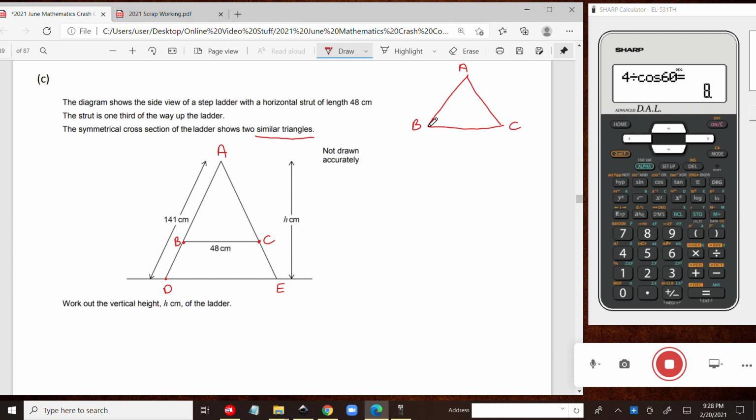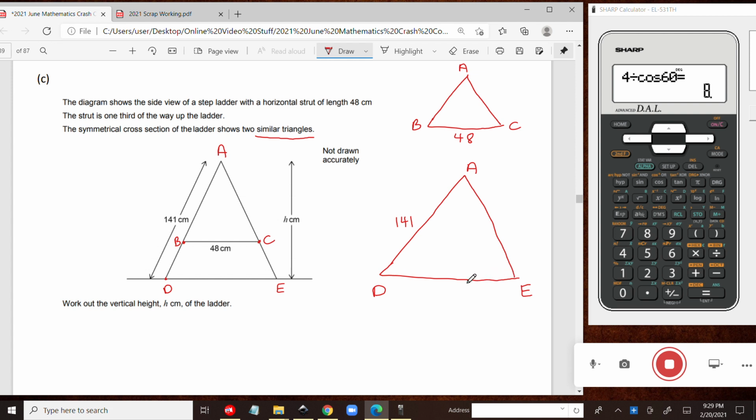We know the distance from B to C is 48. It's from here to here. For the bigger triangle, it's really hard to draw straight lines with the program I'm using, so sorry about the horrible drawings. It starts at A, goes down to D, and then you have E. The distance from E to D is 141, the whole distance, and we do not know DE.